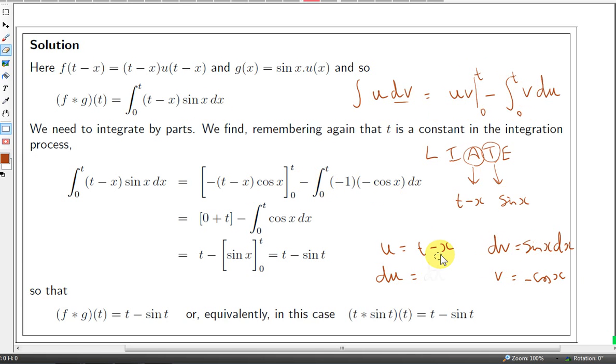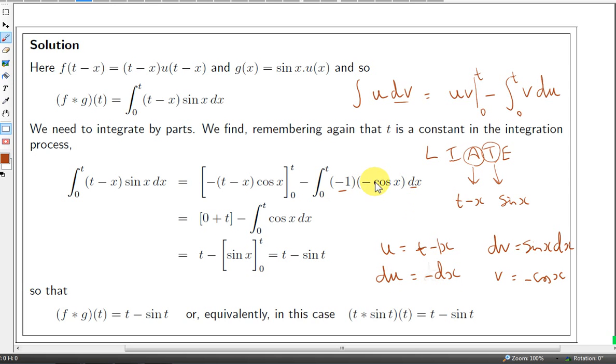The independent variable here is x. We treat t as a constant, so du equals minus dx. Or you can say du/dx equals minus 1, and from that you get du equals minus dx. So that's where the minus 1 dx is coming from. So we have our v, minus cos x, times du, which is minus dx.